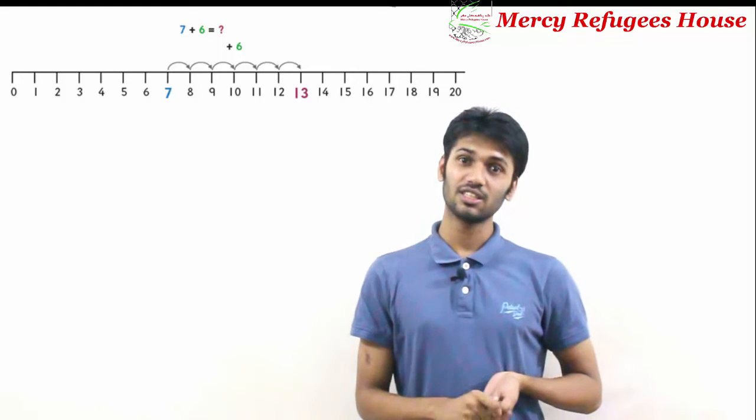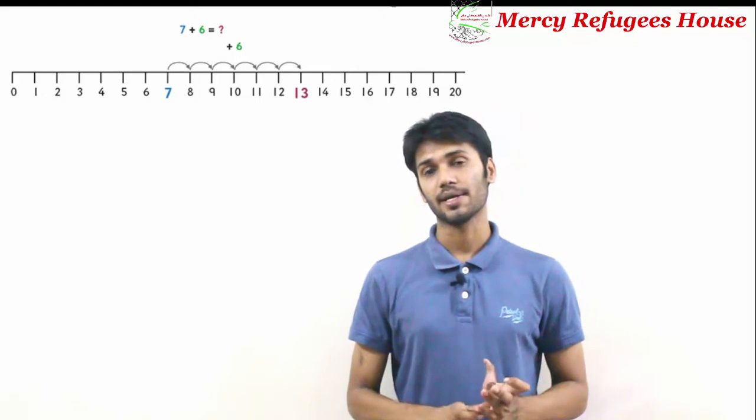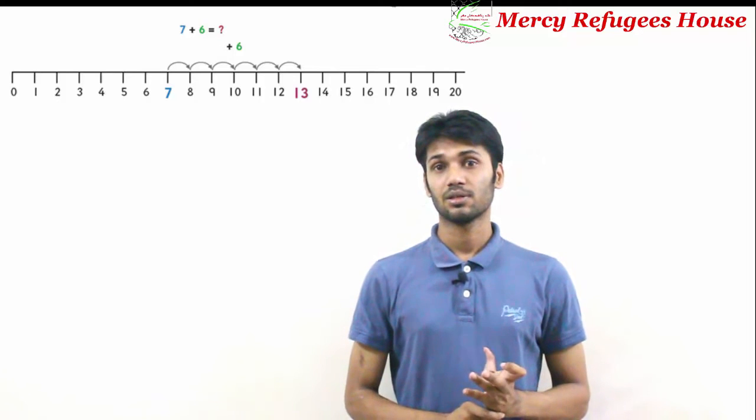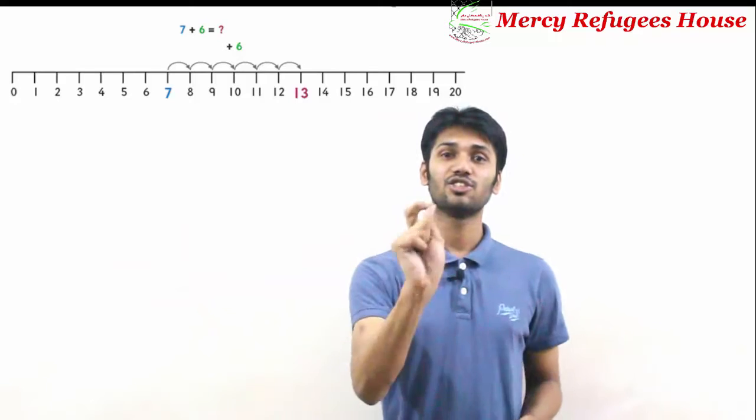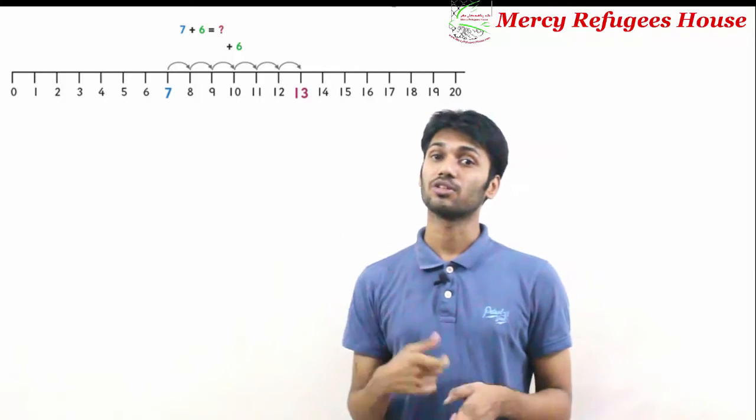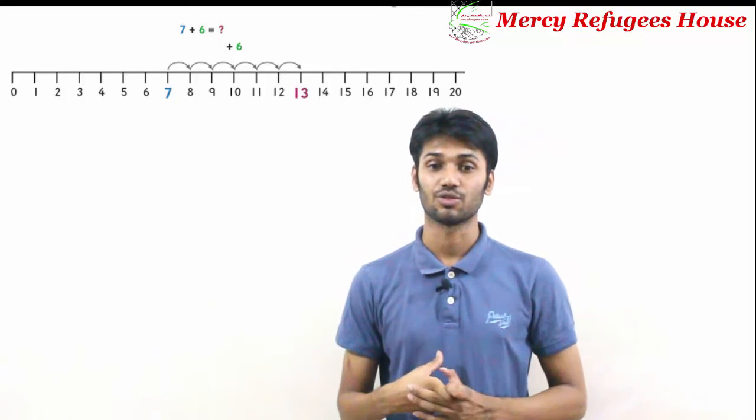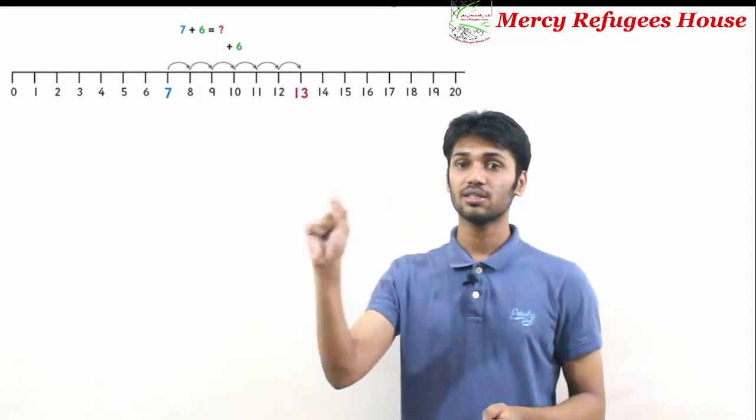Here you can explain to the students using the number line. To do so, you draw a line just as shown in this lecture sheet on the blackboard or the whiteboard you have in the classroom. Then you show 7 plus 6.